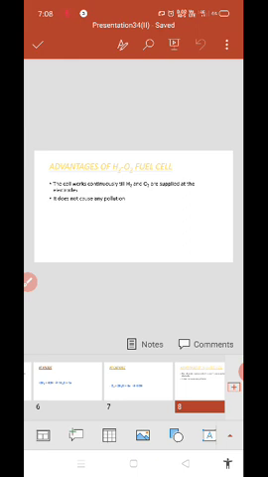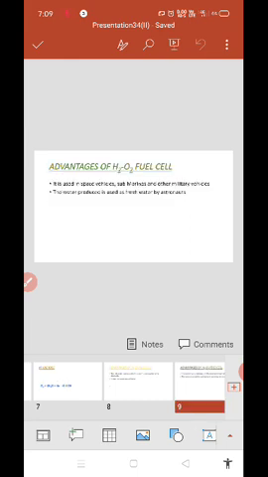It is used in space vehicles, submarines, and other military vehicles. The water produced is used as fresh water by astronauts.